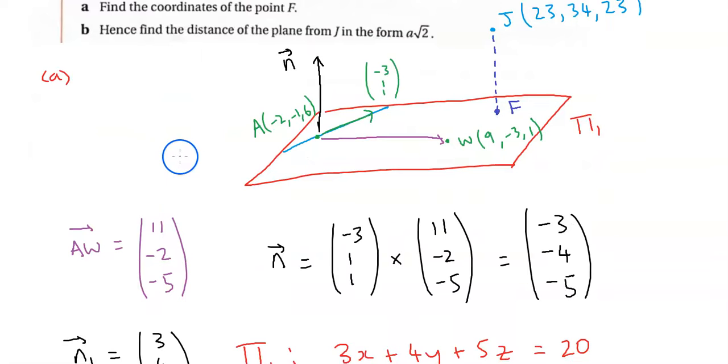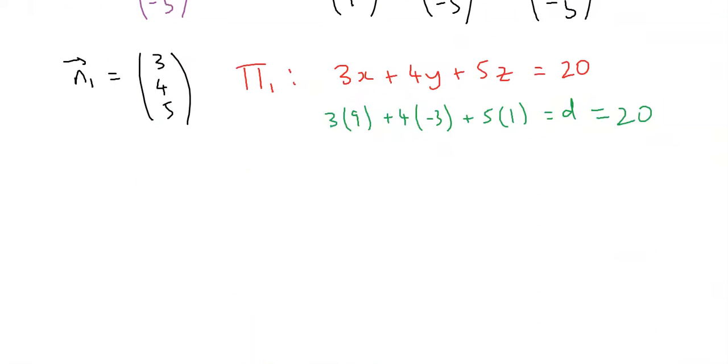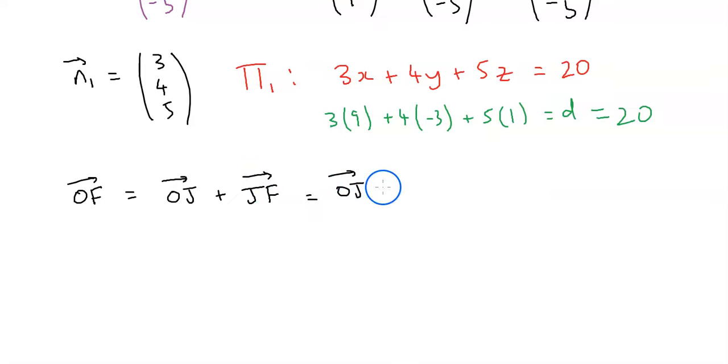Let's put our origin over here just for the sake of it. Okay, and then we observe that the vector OF is equal to OJ plus JF. And then as we discussed, JF is some multiple of the vector n1, since n1 is a normal vector. So OJ plus k times n1.